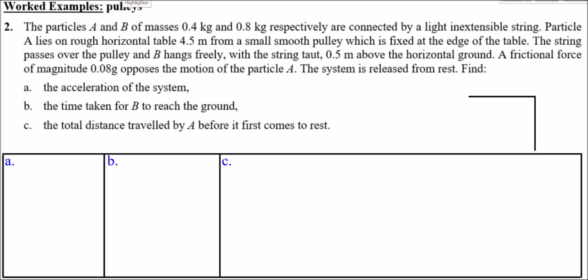So we've got A and B. I'm just going to draw A first. The pulley's here. Also, there's going to be a string involved, keeping it all interconnected. It's not even attached to the pulley, that's terrible. That looks more like it. We've got B hanging freely.